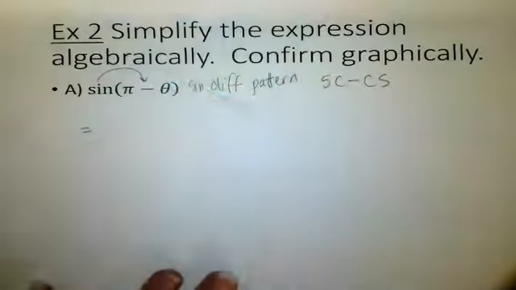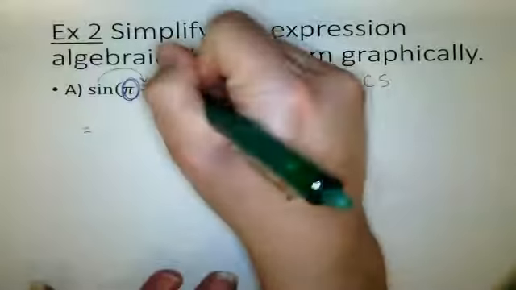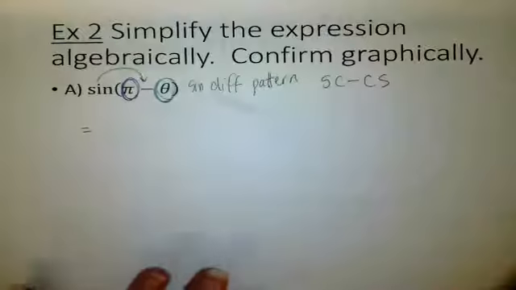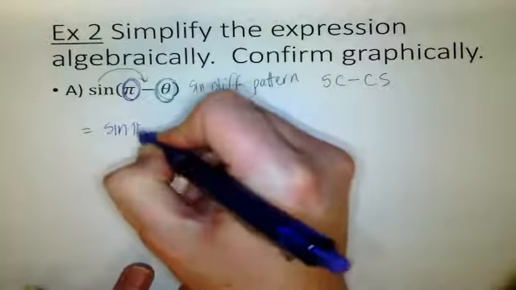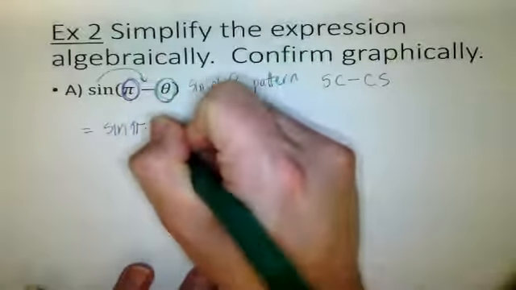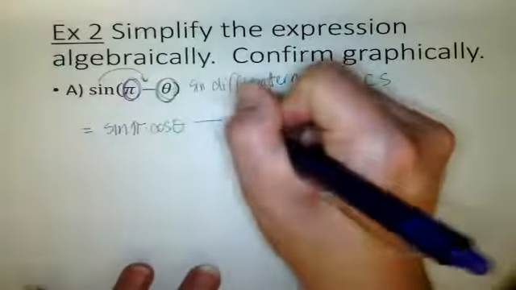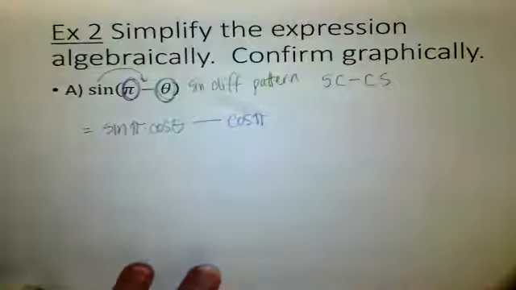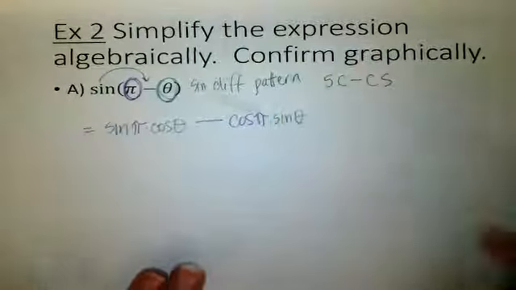I'll color code again because I really like doing that. The first thing is pi, and the second thing is theta. And so that's going to be the sine of the first thing times the cosine of the second thing minus the cosine of the first thing times the sine of the second thing.